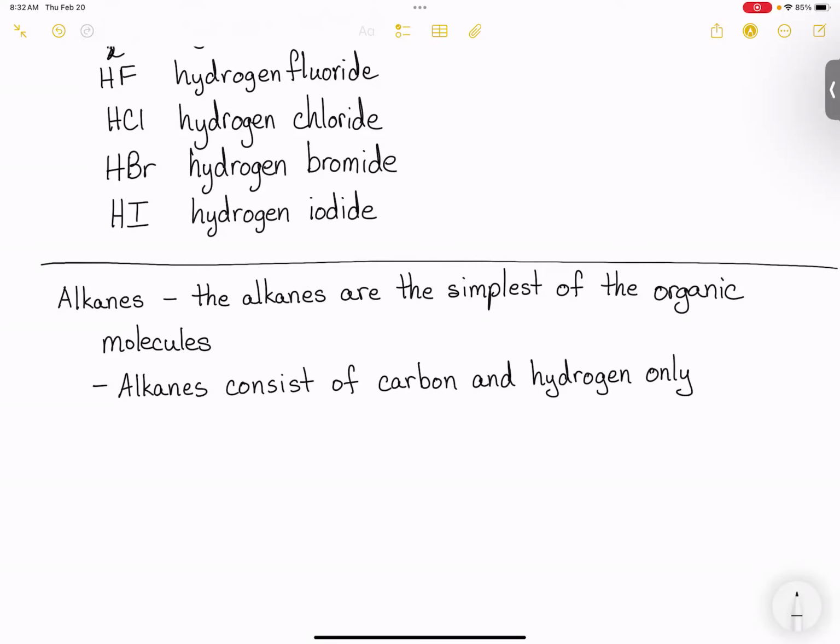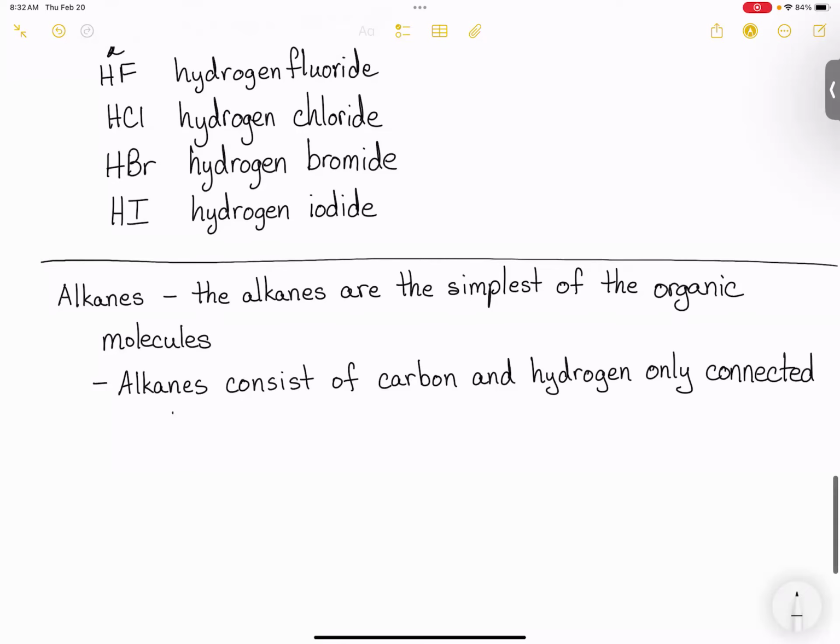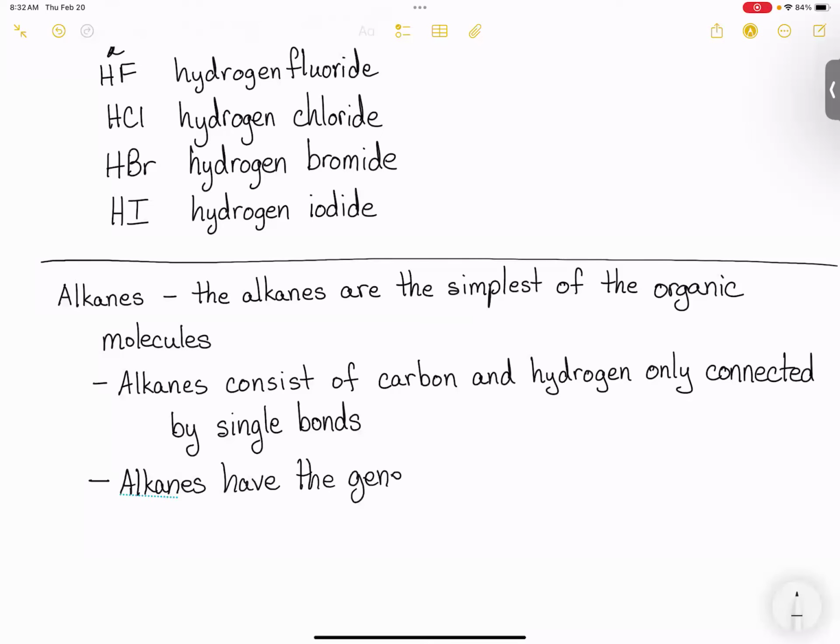Though we're not going to get into it, the hydrogen and carbon are all connected by single bonds. Alkanes have the generic formula of carbon to some subscript n, hydrogen to 2 times that subscript plus 2.